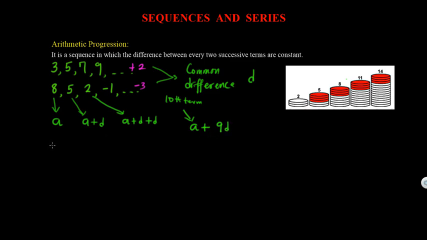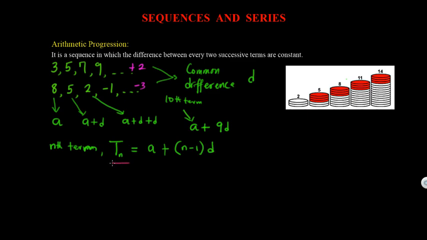Hence, the nth term of an arithmetic progression, which we can call T subscript n, can be derived by saying the first term plus n minus 1 multiplied by the common difference.